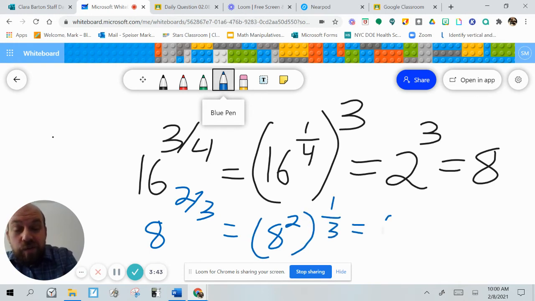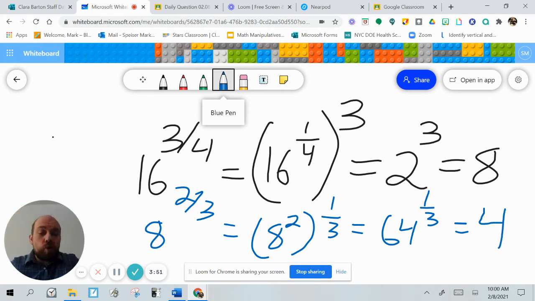So that's 64 raised to the 1/3, and that equals 4. It's your choice which order you do it in. I prefer the one I did in black ink because it's easier to work with smaller numbers than larger numbers.